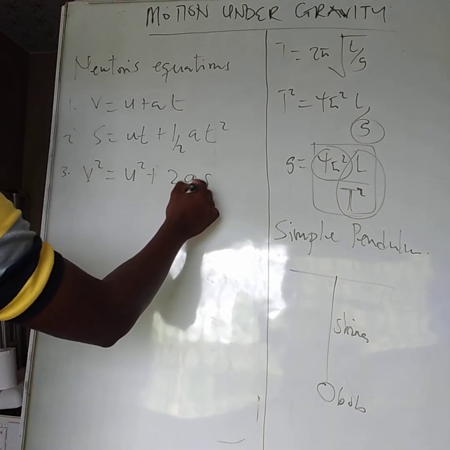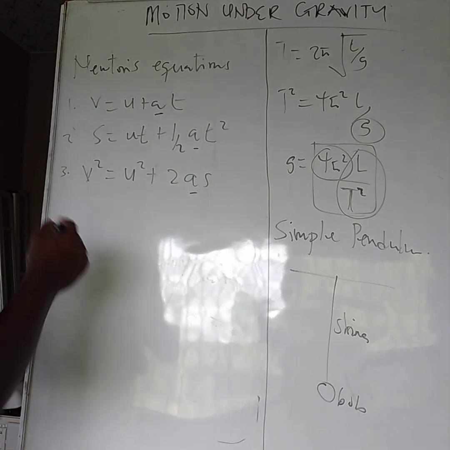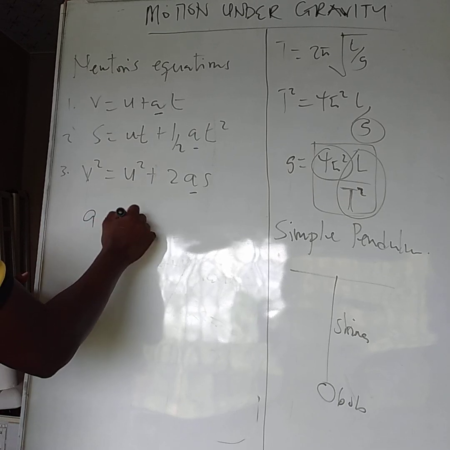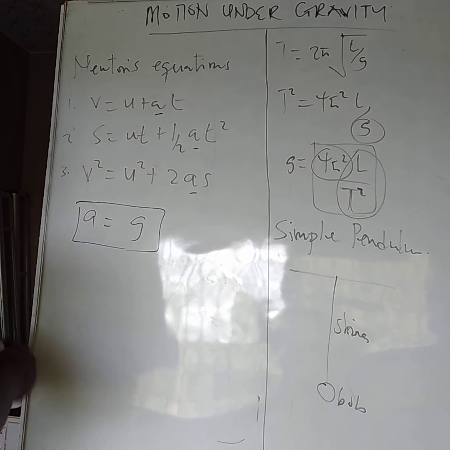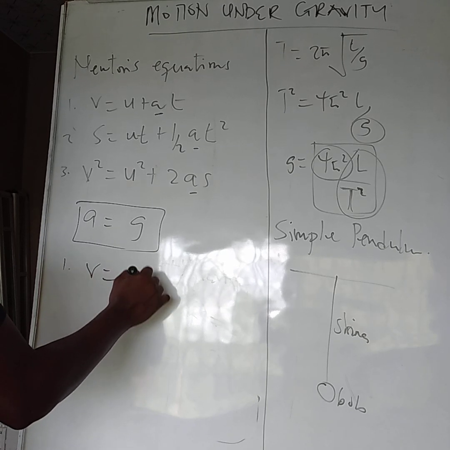Now, these accelerations are always horizontal accelerations, or sometimes accelerations inclined at certain angles. But when you are talking about motion under gravity, the acceleration A becomes equal to G. Therefore, from the first equation, V is equal to U plus Gt.